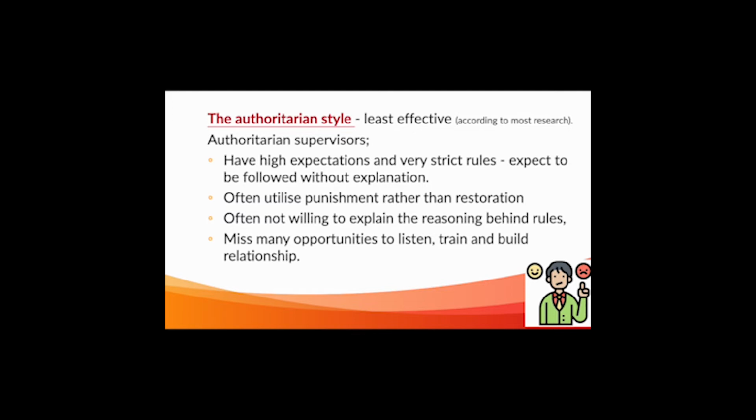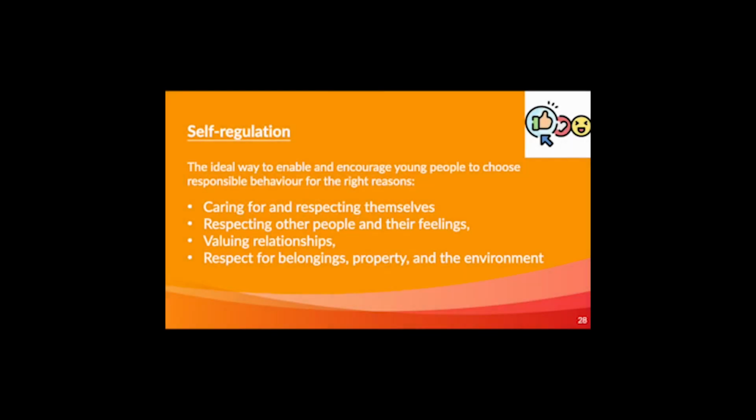They often utilise punishment rather than restoration, often not willing to explain the reasoning behind the rules, and they miss many opportunities to listen, train, and to build relationship. So authoritarian, least effective. Self-regulation, this is the ideal way to enable and encourage young people to choose responsible behaviour for the right reasons, caring for themselves, respecting other people, valuing relationships, etc.